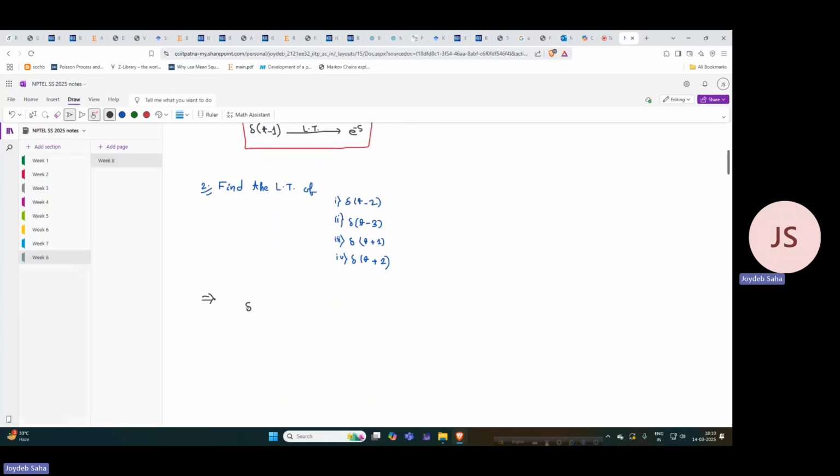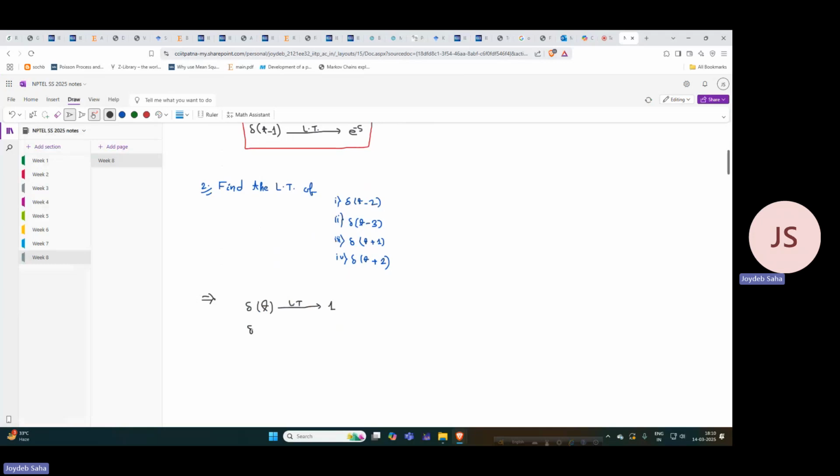Okay, so let us try to solve these problems. Again, we know delta t, its Laplace transform is 1.